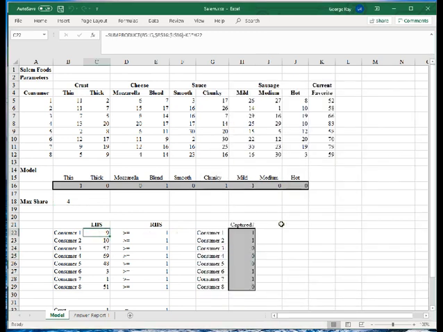And these are going to be the multiplication or the sum product of B5 through J5, back to there, times B16 through J16 here.